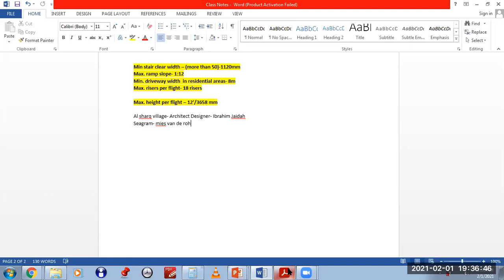And a court adjacent to or within a building, especially one enclosed on all four sides. What is it called?